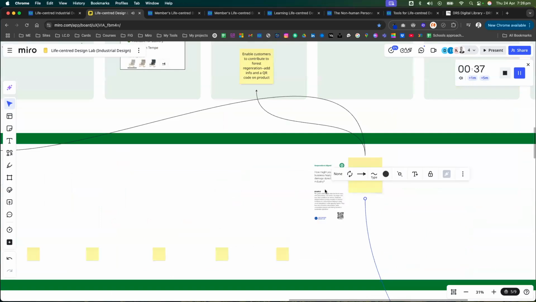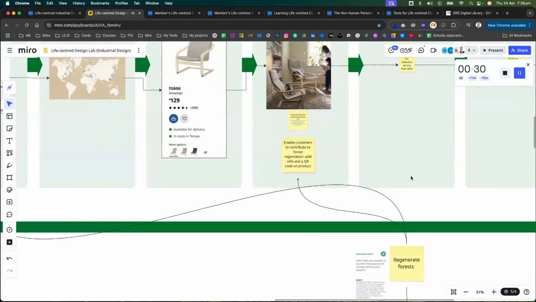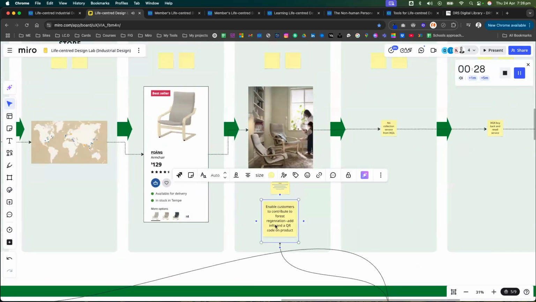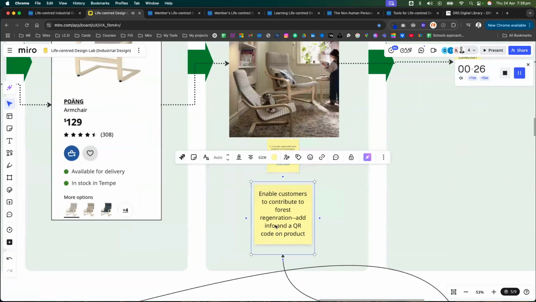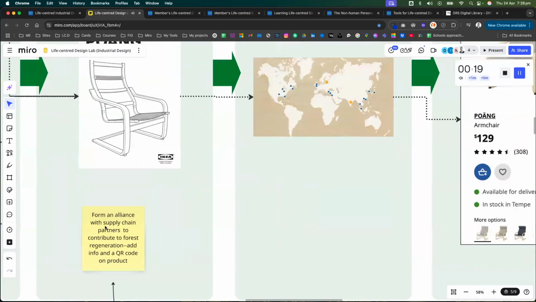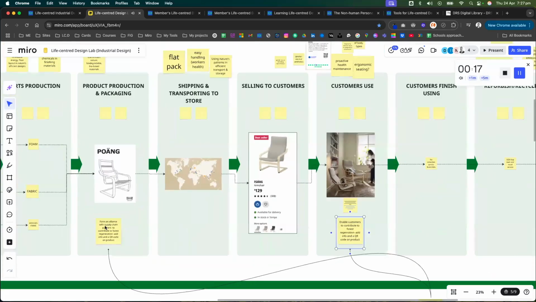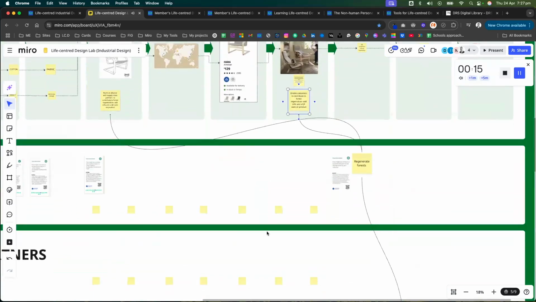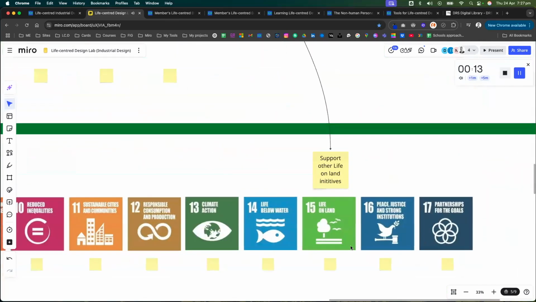Well, they could regenerate forest by supporting conservation initiatives. They could then bring it into the product design by enabling customers to contribute to forest regeneration as well, like that info on a QR code where they can donate. They could form an alliance with supply chain partners to do the same thing. And this is related to life on land, so they could support other life on land initiatives.